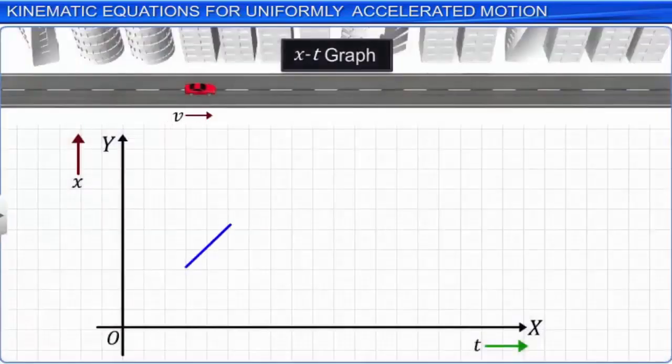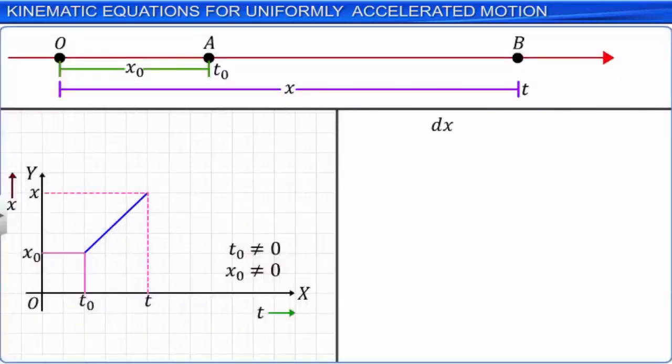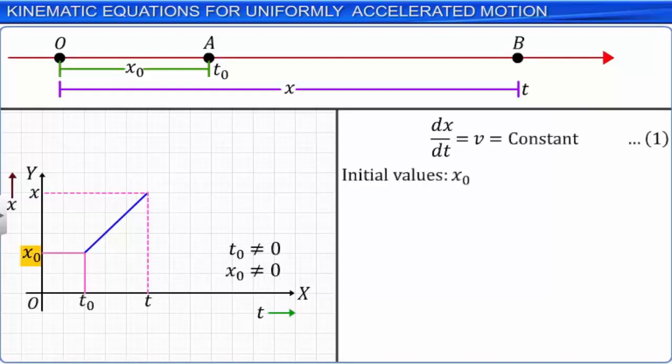Observe the xt graph. T naught is not equal to 0, and x naught is also not equal to 0. dx by dt is equal to v, which is a constant. Initial values are x0, t0. Final values are x, t. Cross-multiplying equation 1, we get dx is equal to v into dt.